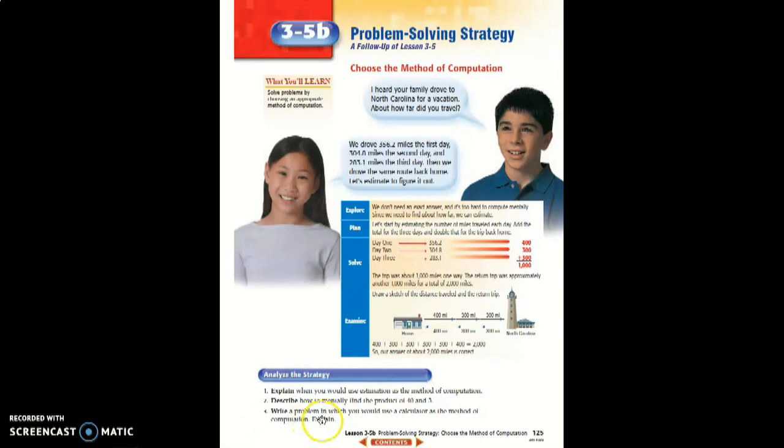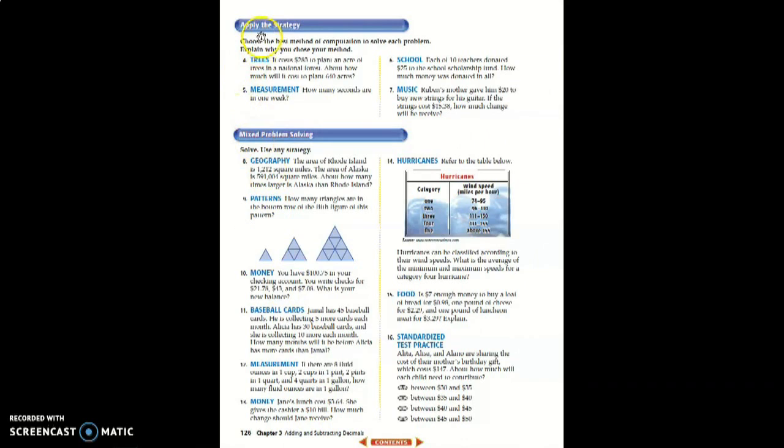Write a problem in which you would use a calculator as the method of computation. Explain. Apply the strategy. Choose the best method of computation to solve each problem. Explain why you chose your method.